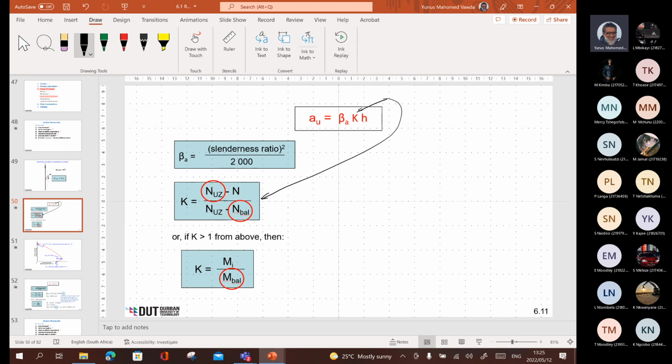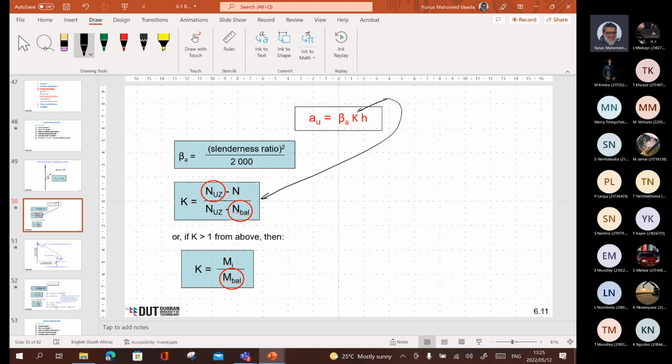This is a different K. What is it? It is N_uz minus N over N_uz minus N balance. So now you need to know what is N_uz, what is N, and what is N balance. You need to know all of these things.